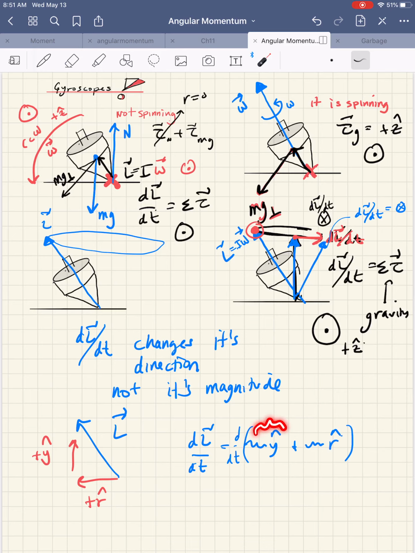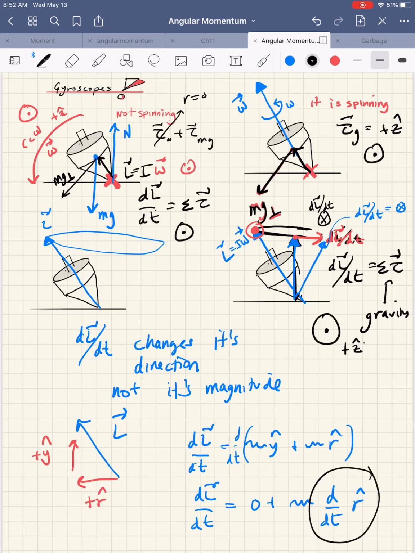The magnitude of L would be constant due to the constant spin. So this component here would probably be a constant, but what's not a constant is this r hat. So at the end, dL/dt will equal 0 plus some stuff that comes out of the derivative times the derivative of the r hat, which is related more or less to the plus or minus theta hat direction.